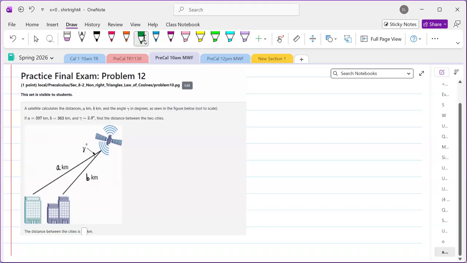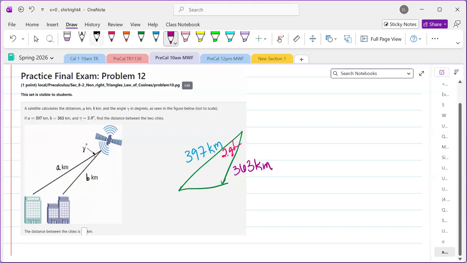So it's going to look more like, so I'll write the 2.9 degrees there, 397 kilometers, 363 kilometers. So we need to label the triangle with A, B, and C and alpha, beta, gamma.